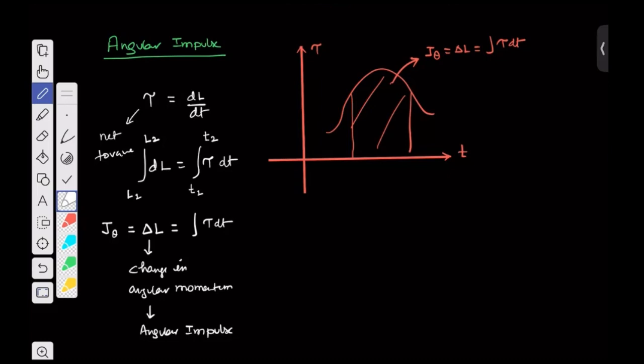So the torque of the impulsive forces, in case there is some torque present, will be impulsive in nature, no? Correct. The torque of the impulsive forces is going to be impulsive in nature.